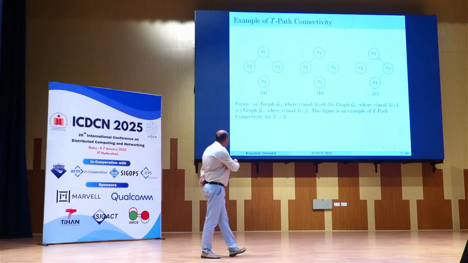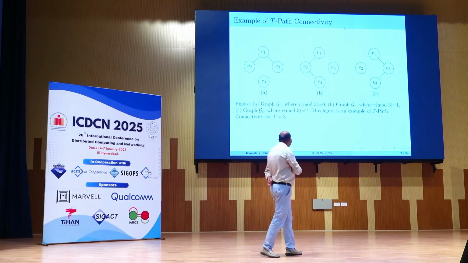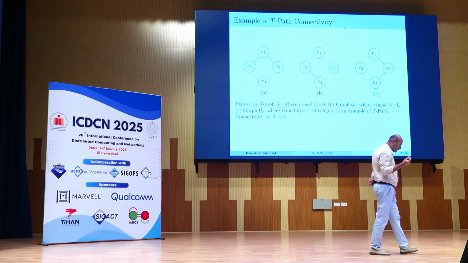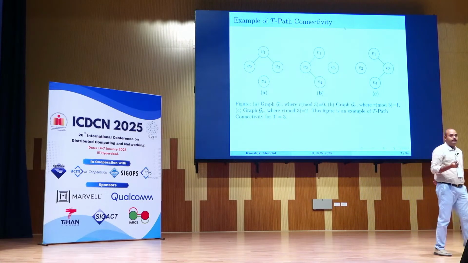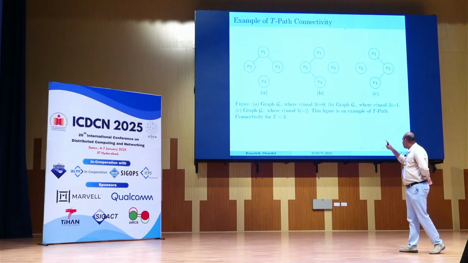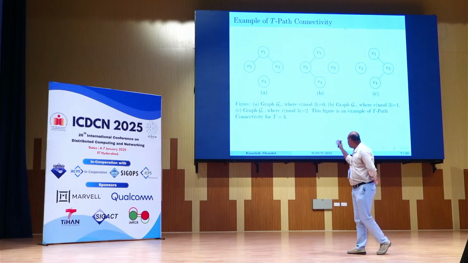So if we go to this example, this maintains T-path connectivity, as we can see that if you choose any pair Vi, Vj, there always exists a path between them in at least one round for any three consecutive rounds, for T equal to 3.